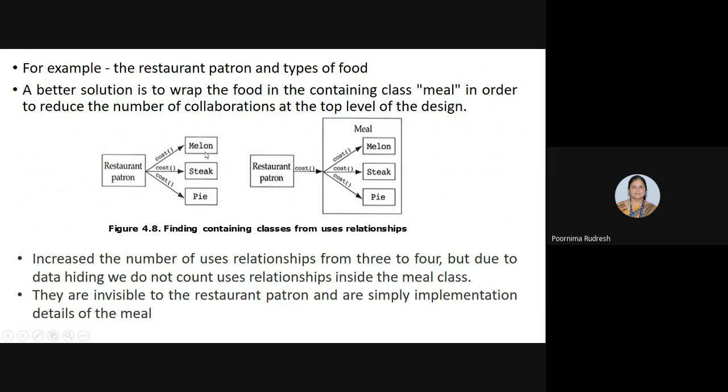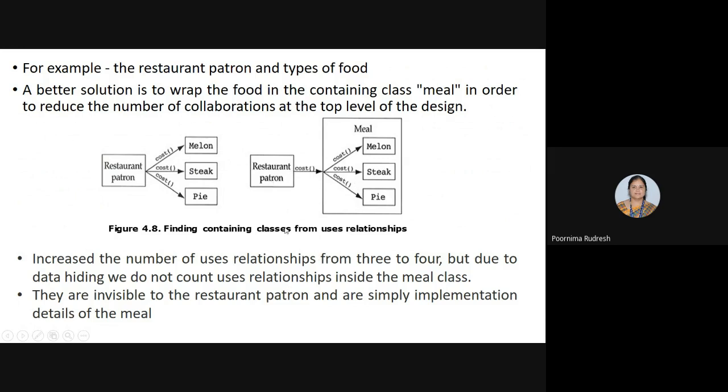Here 3 are there. In order to minimize the uses relationships, or the collaborations, we put all three in a class called meal. Even though the number of collaborations is more here, due to the data hiding property all these collaborations are hidden from the outside world, right? And hence only one collaboration is visible between the restaurant pattern and the meal class.